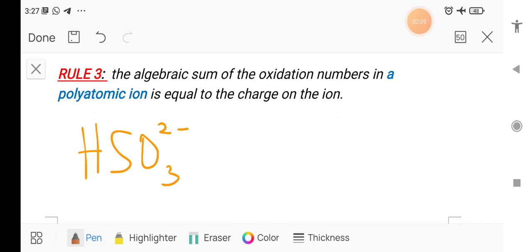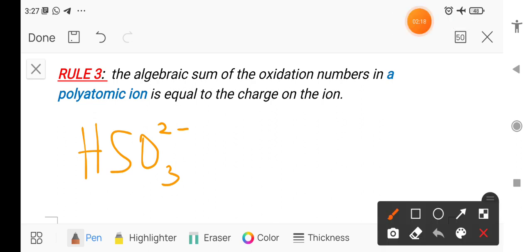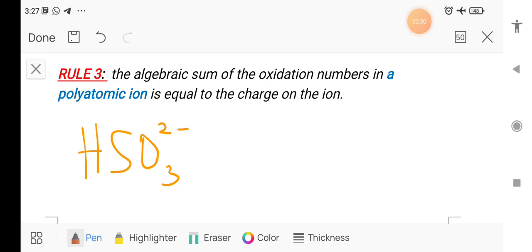The algebraic sum of all the oxidation numbers is equal to the charge on the ion. So the algebraic sum of all these oxidation numbers here will be equal to -2.